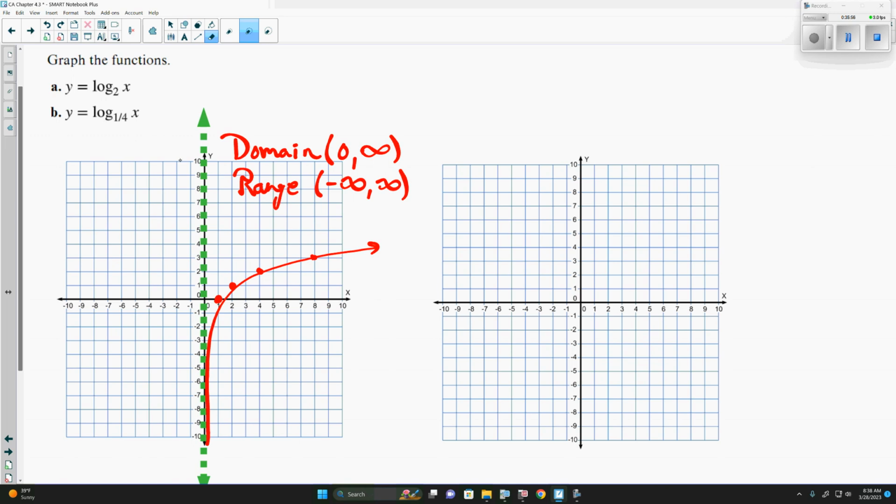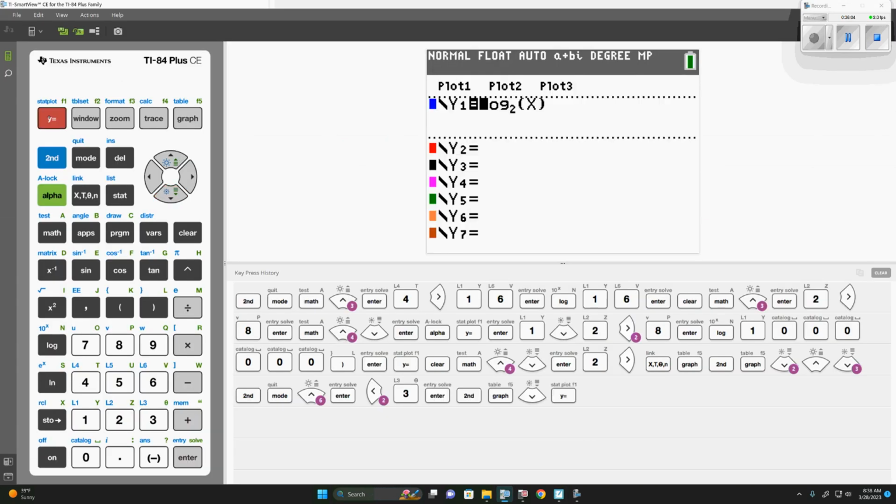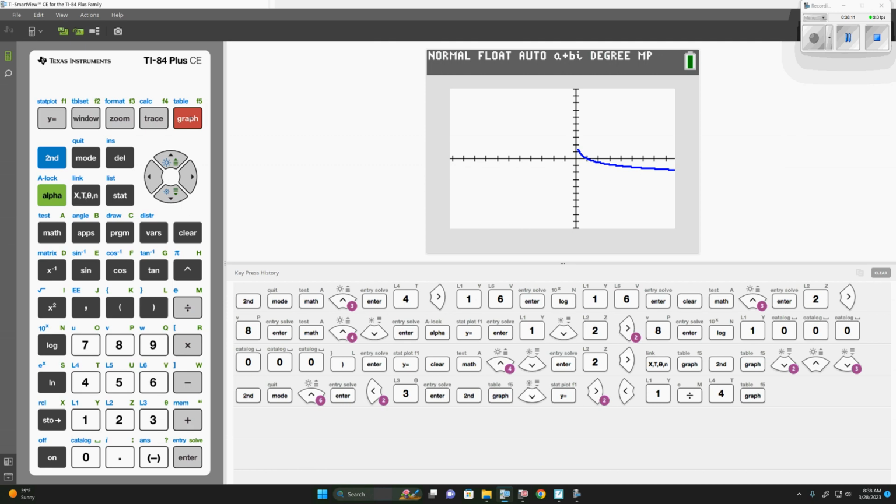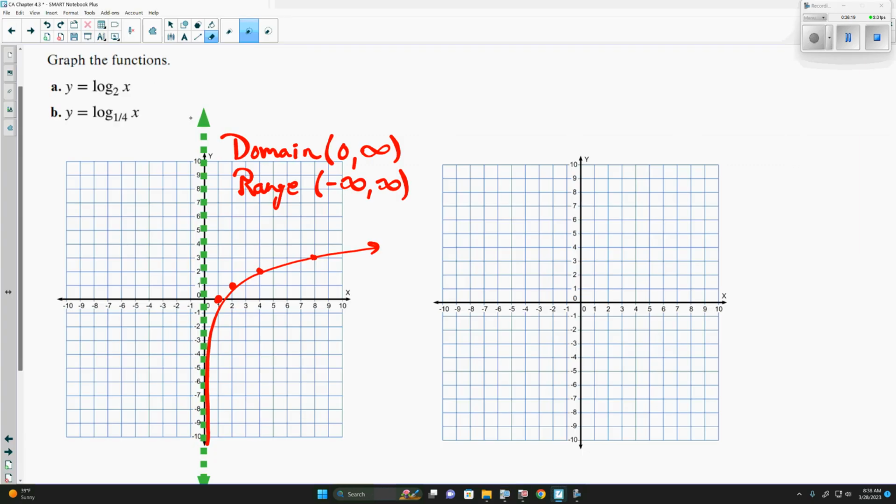Questions on this here? And we do the same thing with log base 1/4 of x. So we can do 1 divided by 4, log of x, and we get this here. Now if we notice, the vertical asymptote has not changed.